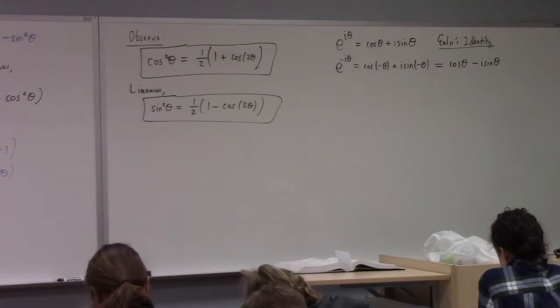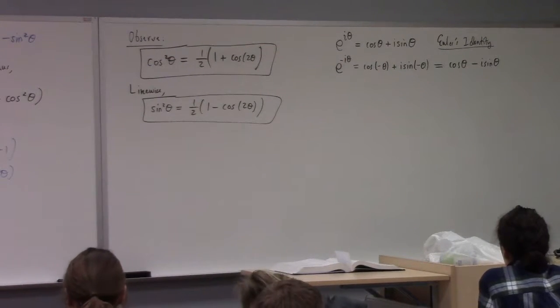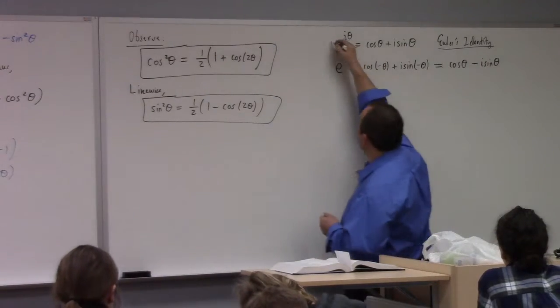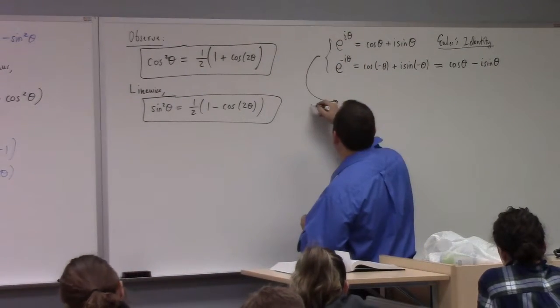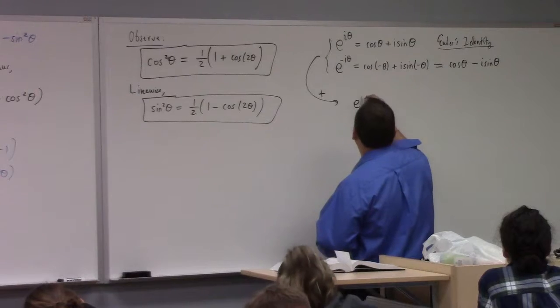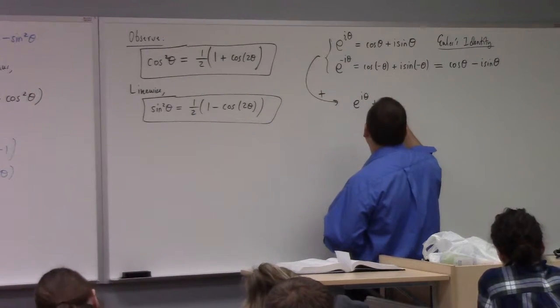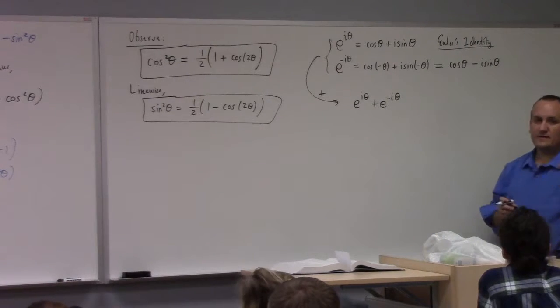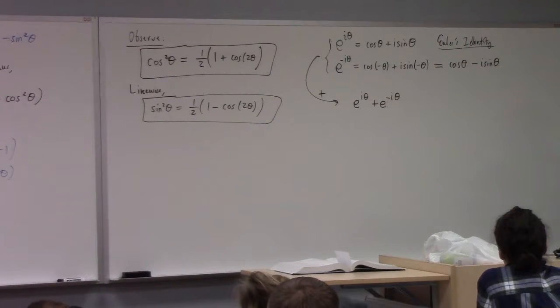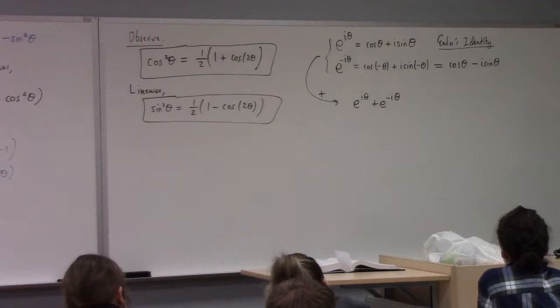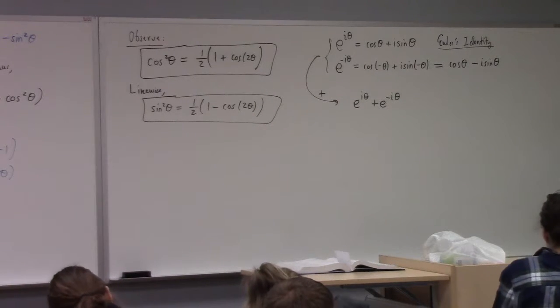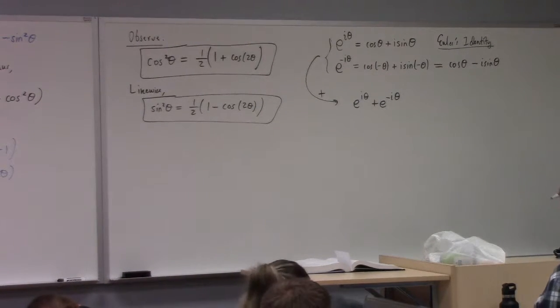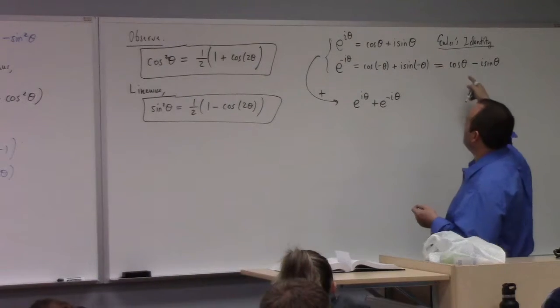What happens when you add these two identities together? So if you look at this and you add, what happens? The i, which squares to minus 1, the square root of minus 1, right? So what happens when I add these?